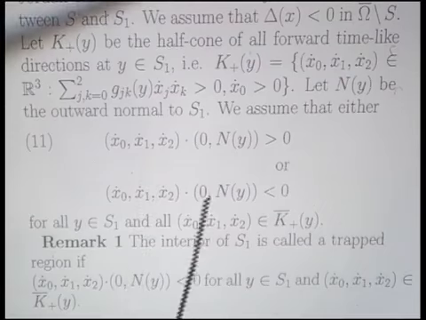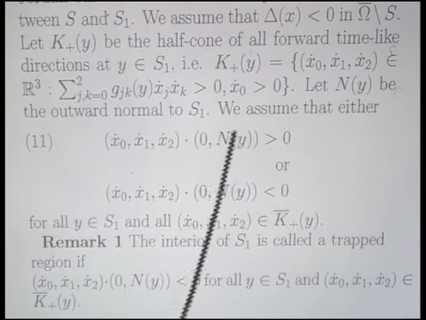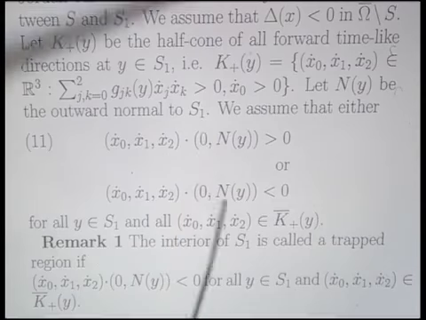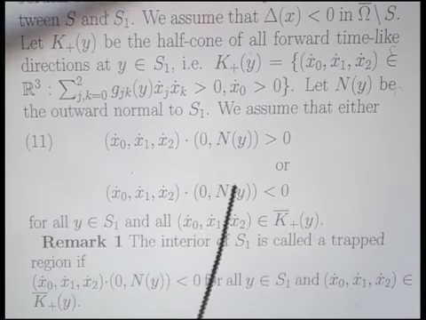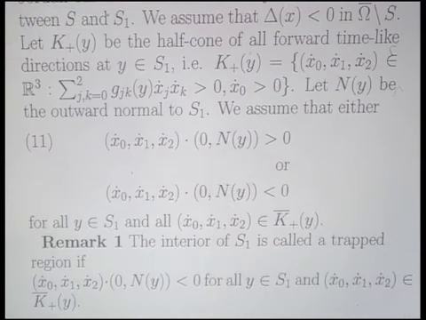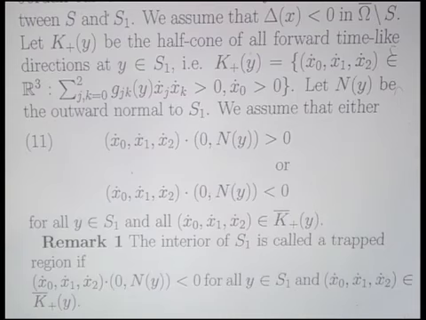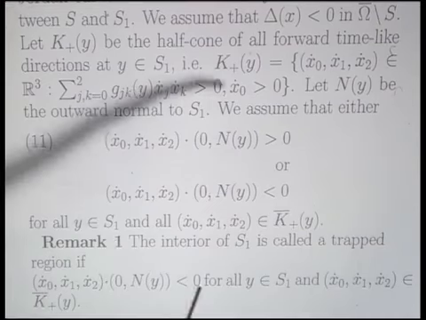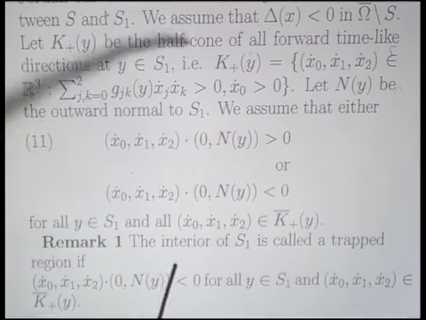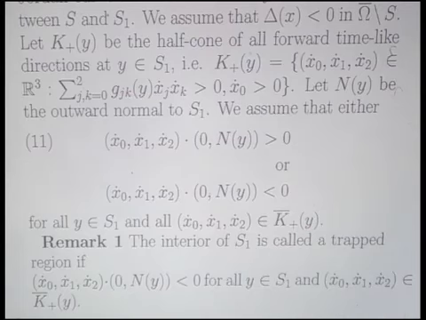This means the following: if this is a direction, the dot does not mean anything except notation. This is a 3-vector in R3, such that this quadratic form is positive for x dot positive. This is a cone. And suppose n of y is normal to S1. So the assumption is that this inner product is positive or negative for all y and all directions.